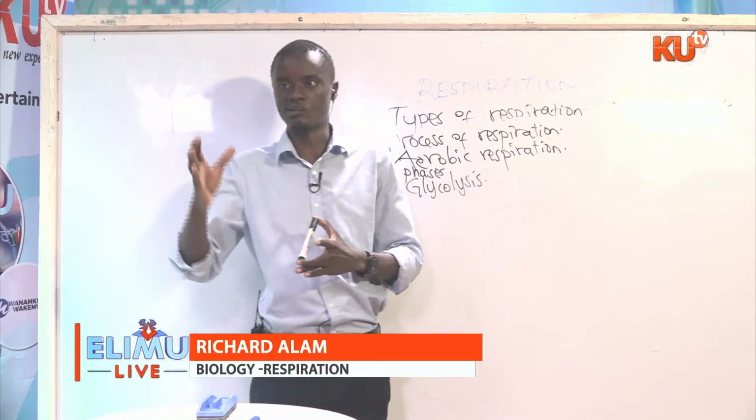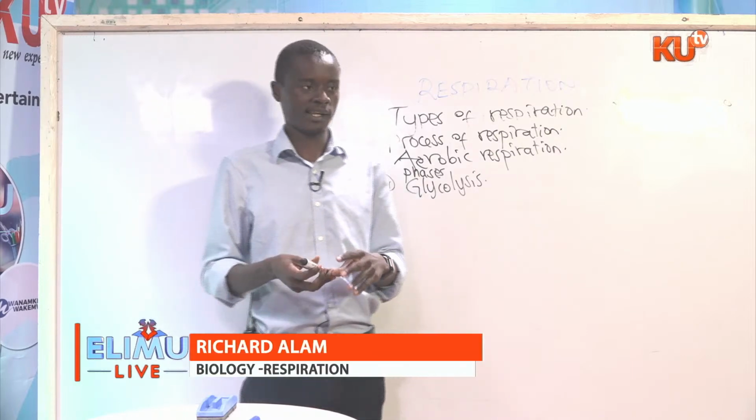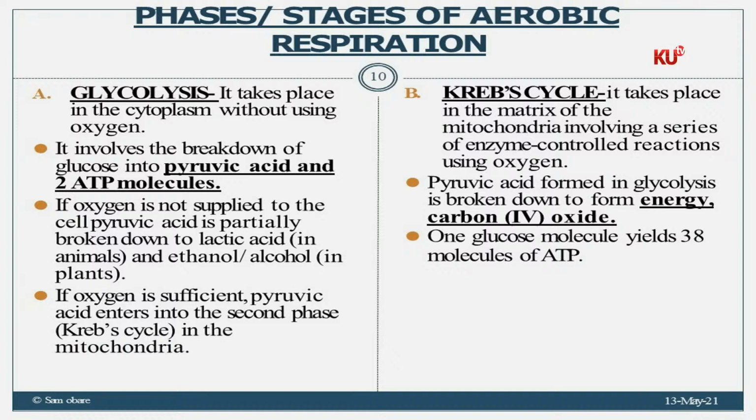Glycolysis takes place in the cytoplasm, as we have stated. Now, what happens during the process of glycolysis? Glucose is partially broken down.